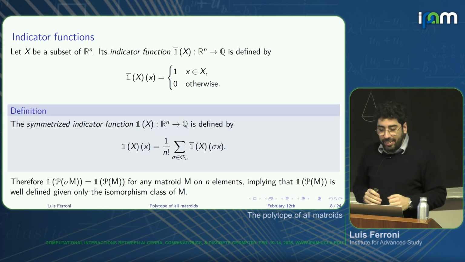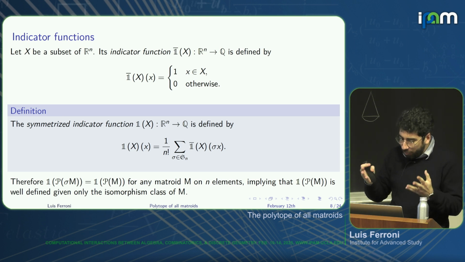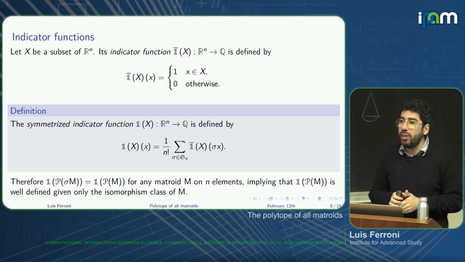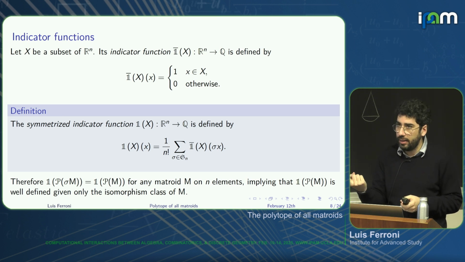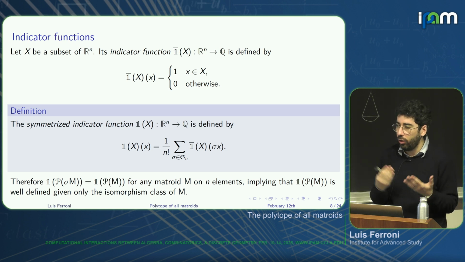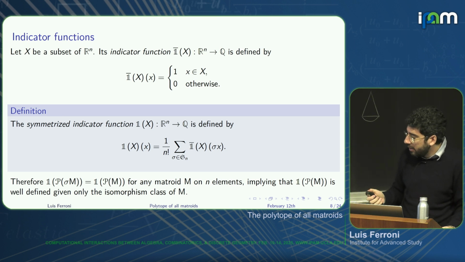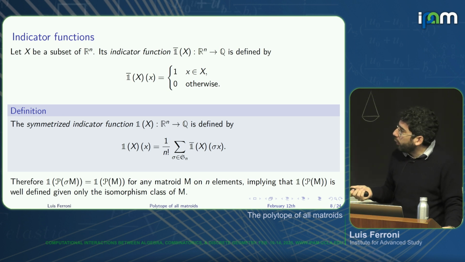And this is one reason that the overline is important. I want to define something that doesn't take into account the choice of the coordinates in R^n. I want all permutations, all labelings of the coordinates, to be the same. So I will define the symmetrized indicator function, which is the one without the overline, in the following way.